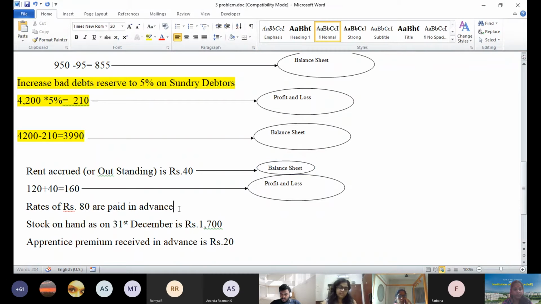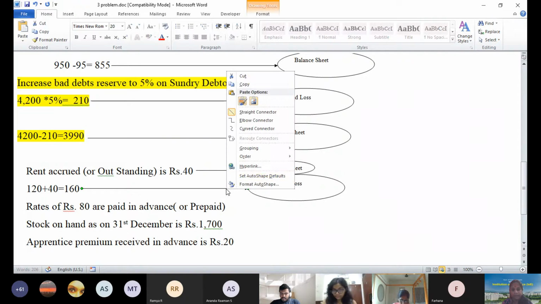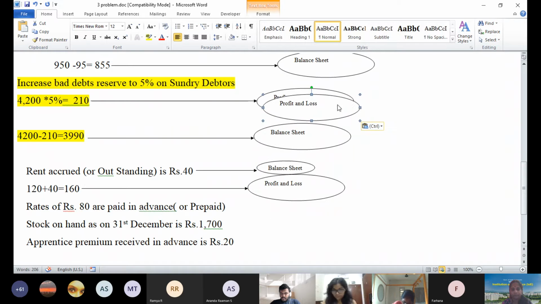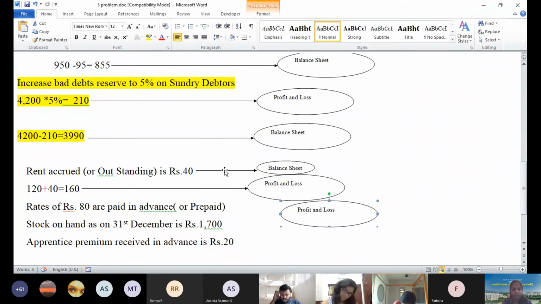Yeah. After that, now rent paid in advance, the other name for advance is prepaid. Prepaid. Remember the concept, guys. Only in one sum I'll be able to teach you like this. Outstanding is called as accrued. Advance is called as prepaid. So that aspect is very clear. So again, an aspect of prepaid.